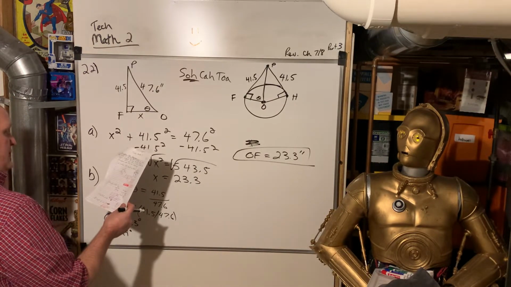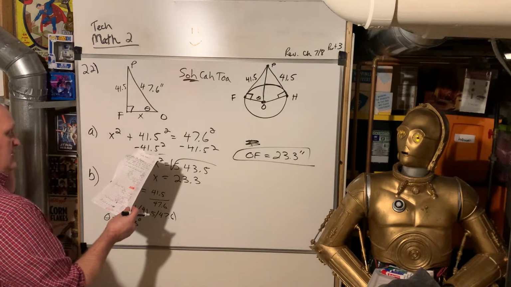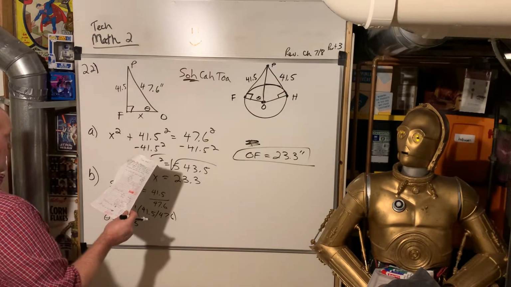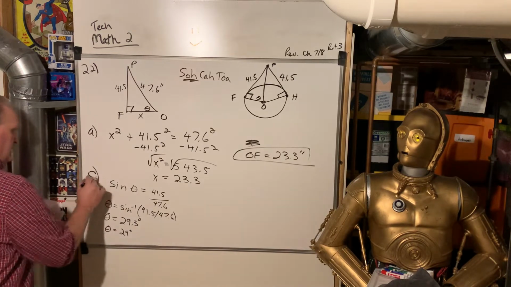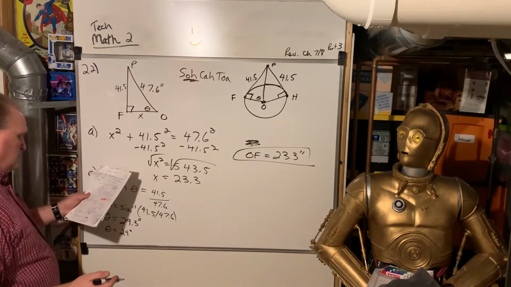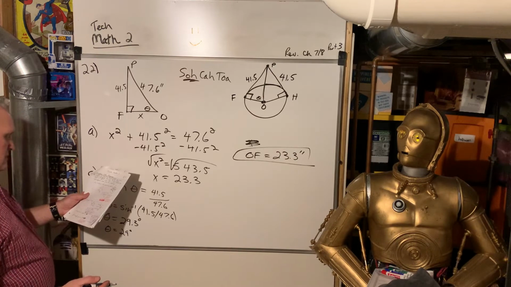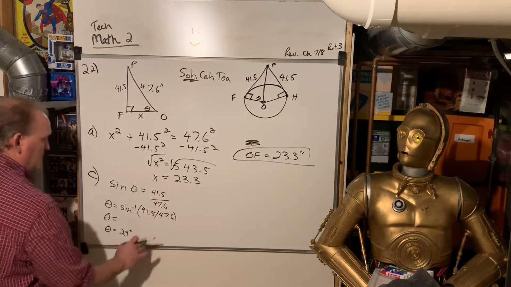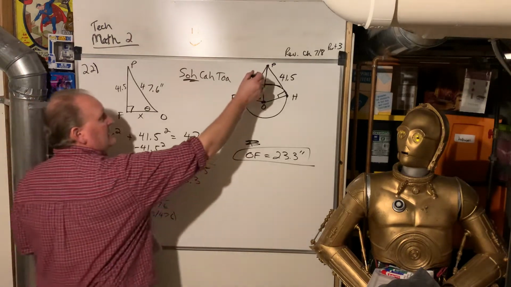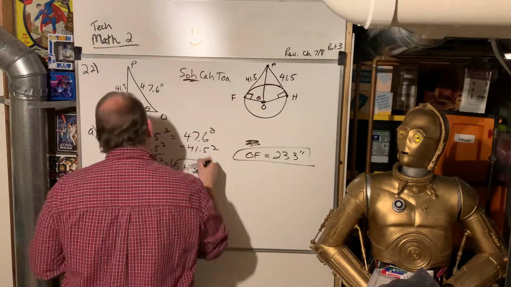I'm finding angle P. Oh, find FPH. Oops, I'm finding the wrong angle. I jumped to C. This is letter C. Sorry. So that wouldn't be 29.3. Letter B is to find this angle up here. I'm actually finding this angle down here.